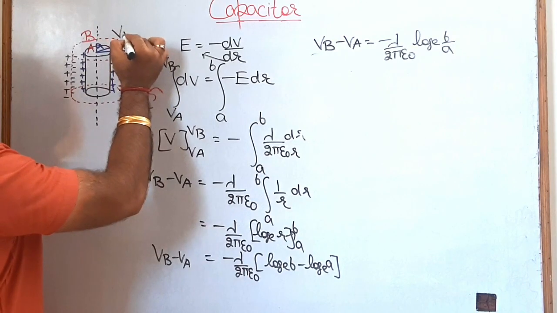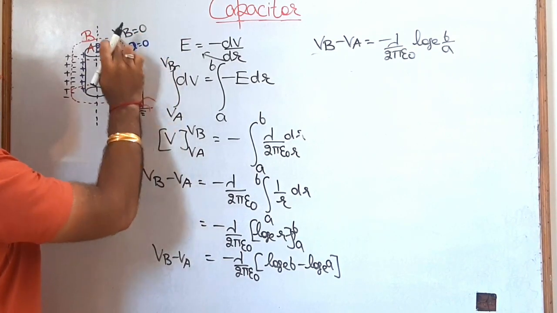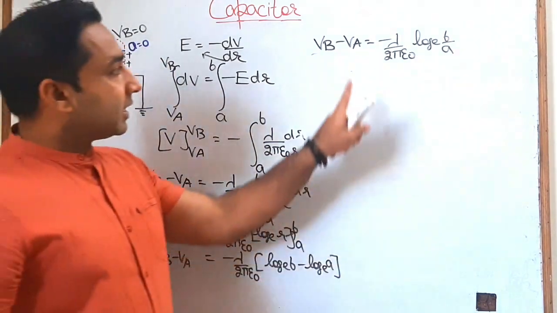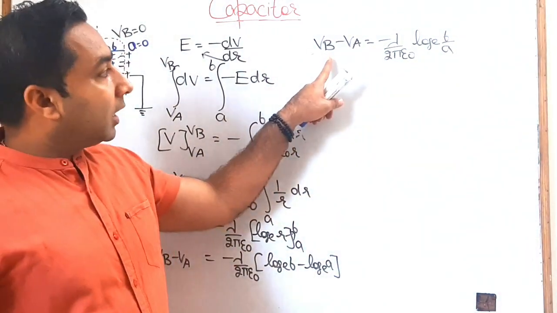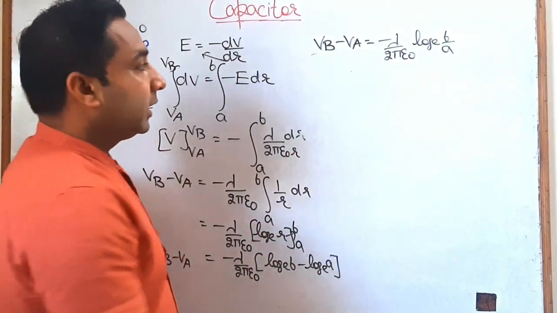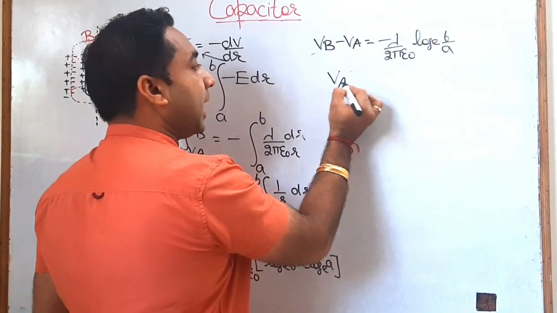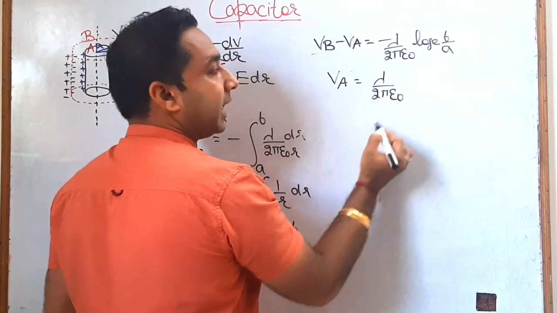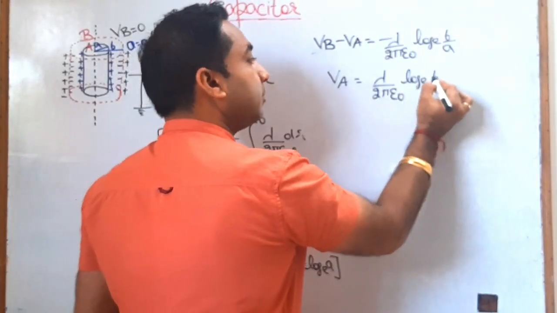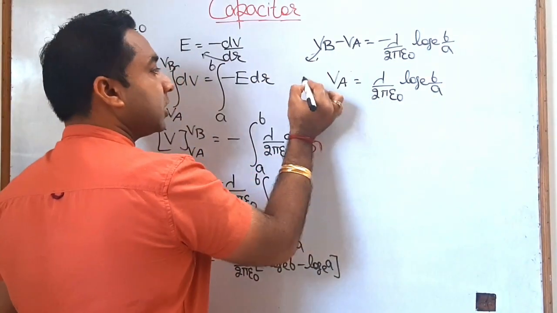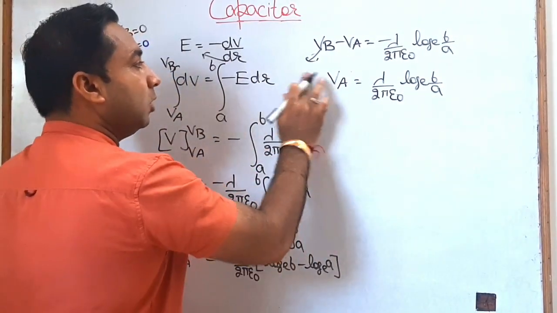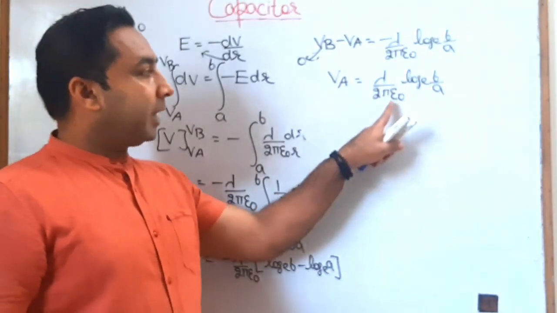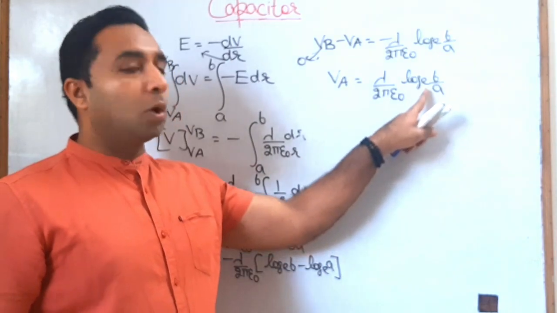Can we say that the potential at B is equal to 0? क्योंकि बाहर वाले शेल पर पॉजिटिव चार्ज था और चार्ज 0 है, तो can we say that B पर पोटेंशियल 0 हो गया? अगर B पर पोटेंशियल 0 हुआ, then can we say that the potential at A comes out to be lambda upon 2 pi epsilon naught log e B by A, because potential at B क्या हो चुका है? Is it become 0? अगर potential at B 0 है, then the potential at A comes out to be lambda upon 2 pi epsilon naught log e B by A.